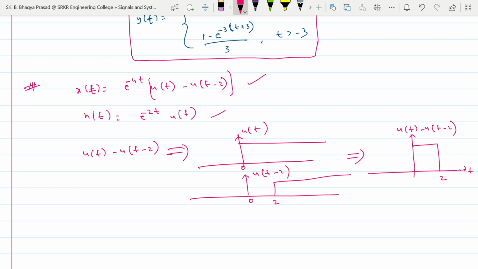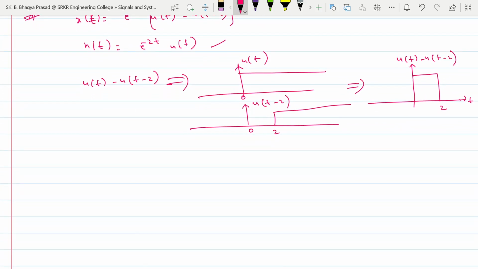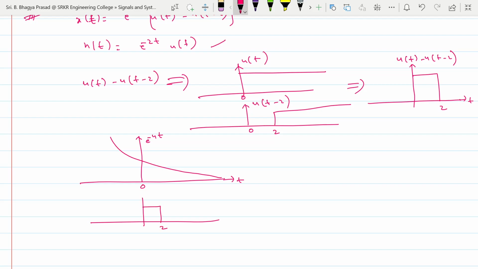This is that one. If this is multiplied with e power minus 4t, which is an exponentially decaying signal, and the pulse u of t minus u of t minus 2, the multiplication of these two gives a signal like this.